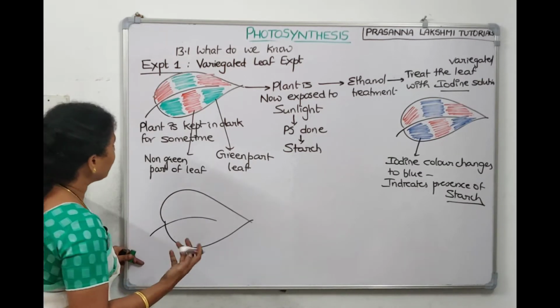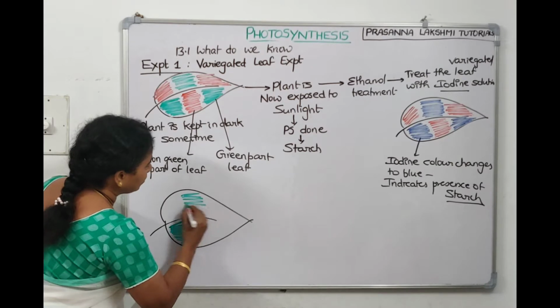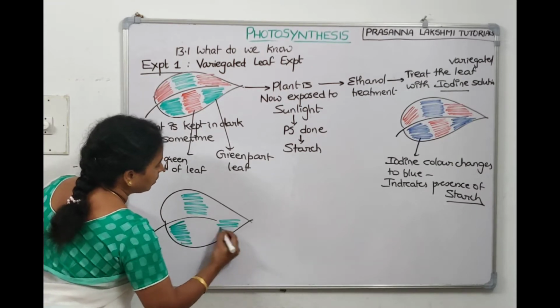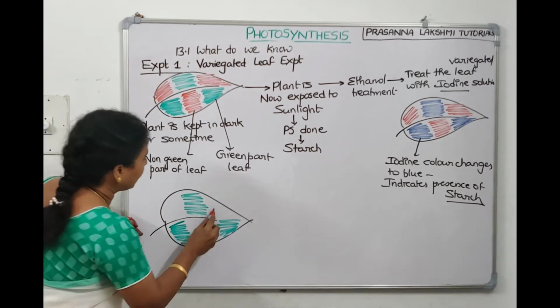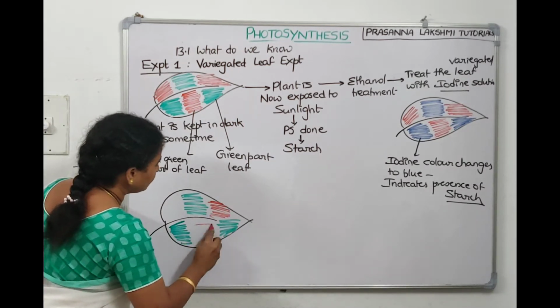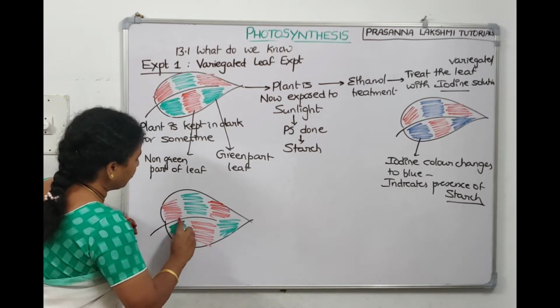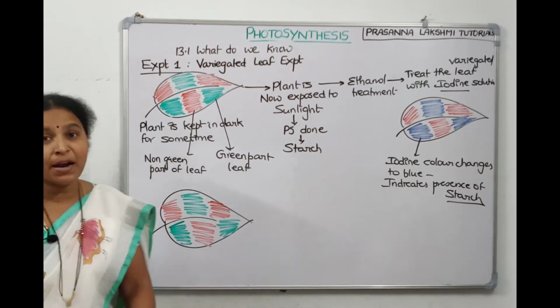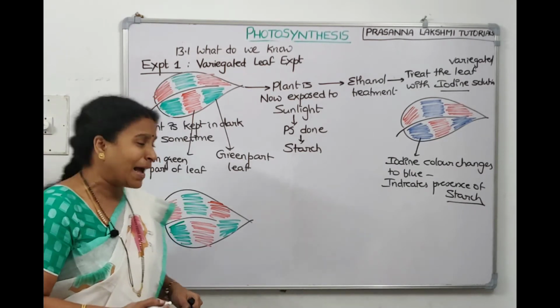So let us take the same green portions. This is green portion and green portion, and non-green portions also we will take. So these are non-green portions. This time what we are doing is, we will cover the leaf partially with black paper.